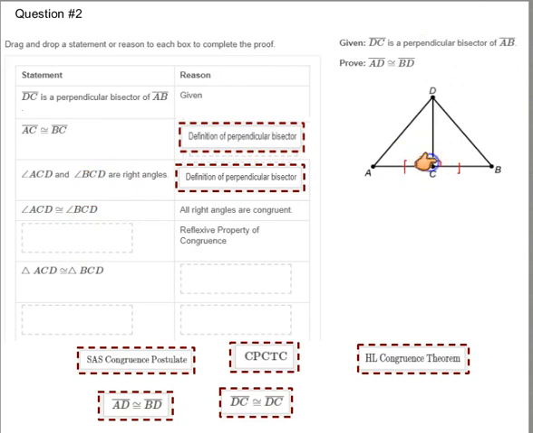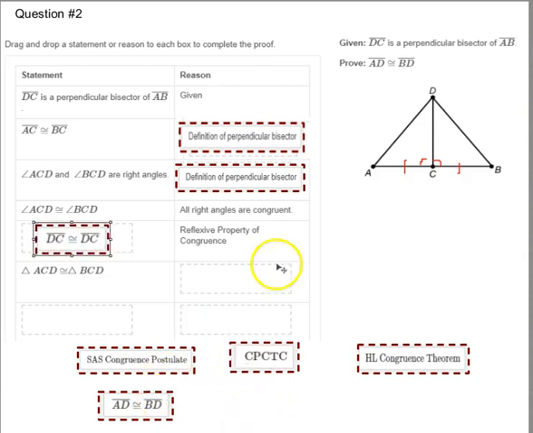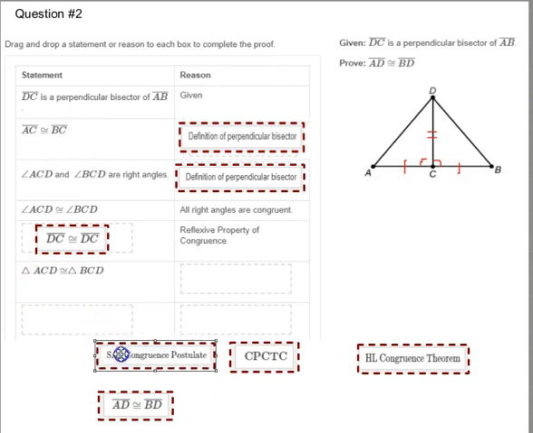We have to state that they are congruent as well, because this side is congruent to this side, this angle is congruent to this angle, and the next thing we want to prove is this side congruent to itself, because what we're trying to establish here is that these two triangles are congruent to one another by side angle side postulate. Okay, side angle side.